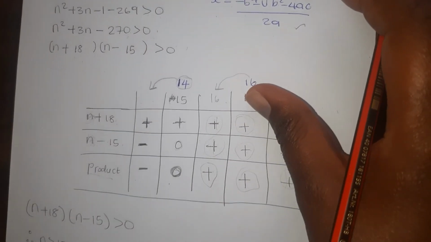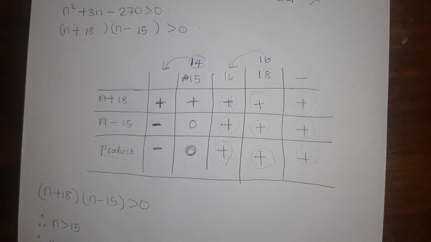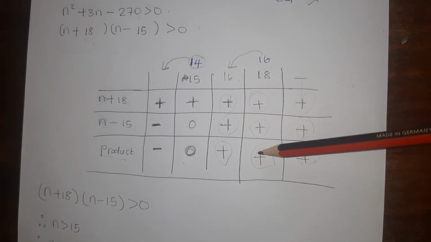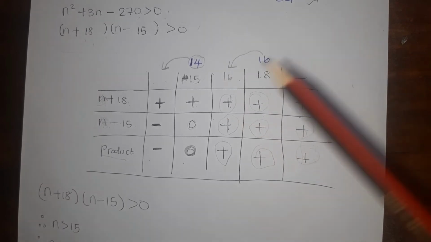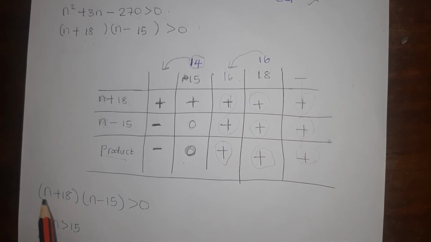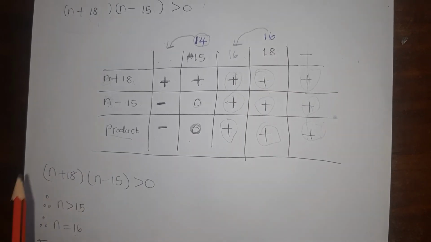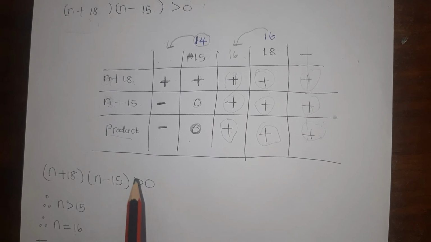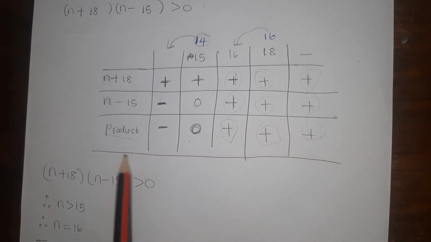So guys, now looking at this table, remember when we were factorizing, we said n plus 18, n minus 15 should be greater than 0. So we need the product that gave us 0 here.